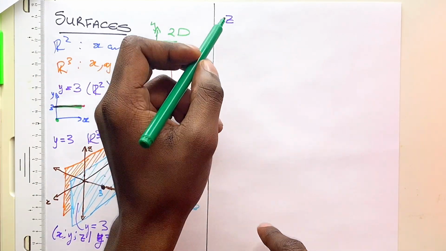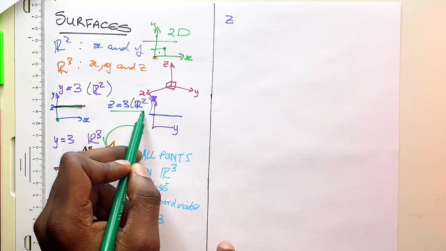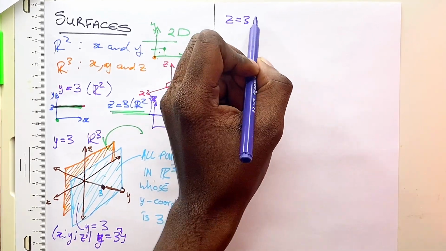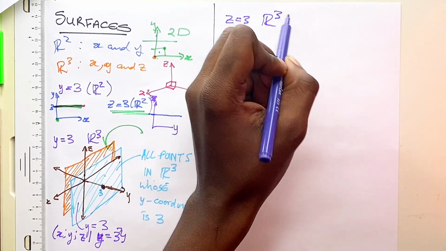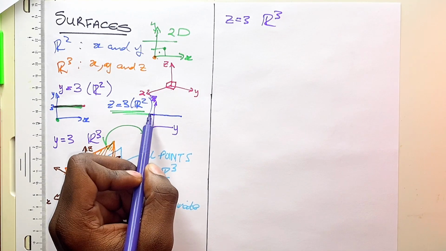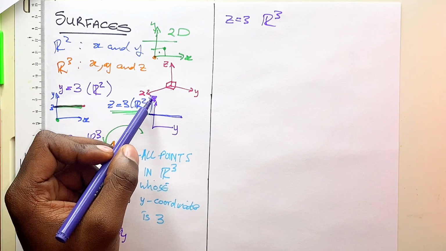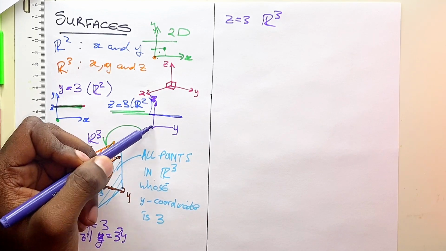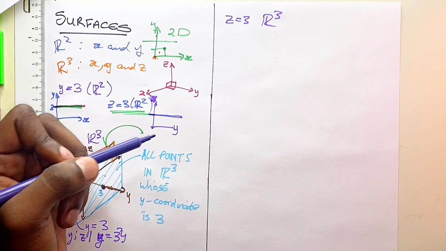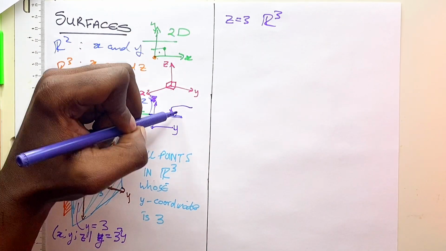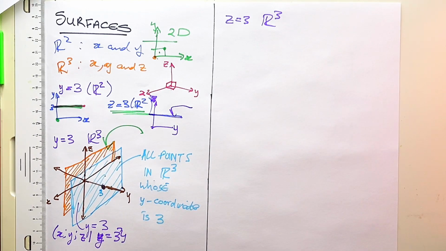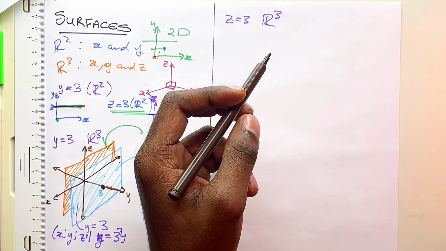So let's attempt the same thing and try to look at z equal to 3, but now let's draw it in 3 dimensions. If it is a line when we're only looking at it with 2 dimensions here, that means that the third dimension, coming out of and going into the paper, must be a surface. So let's draw it. The first thing I'm going to do is to draw my Cartesian plane.